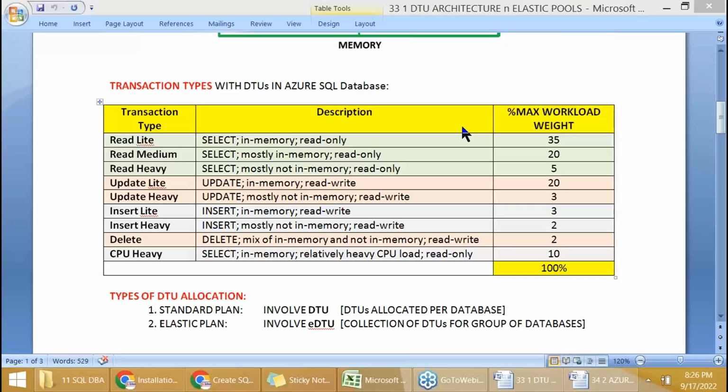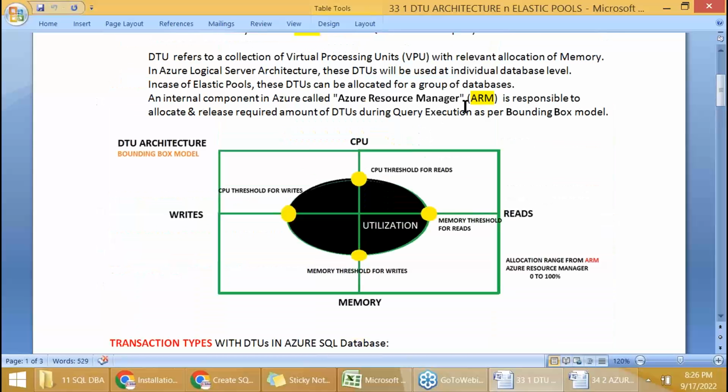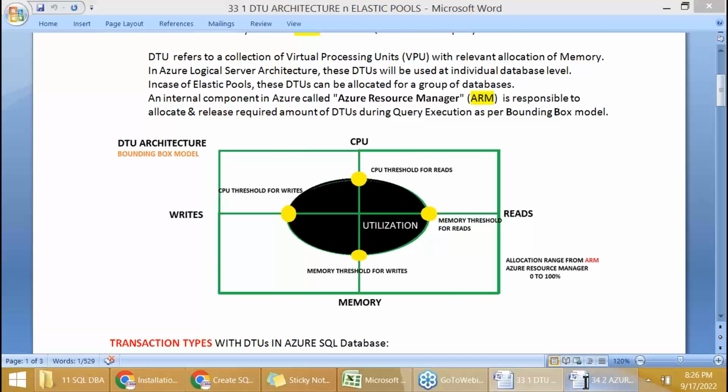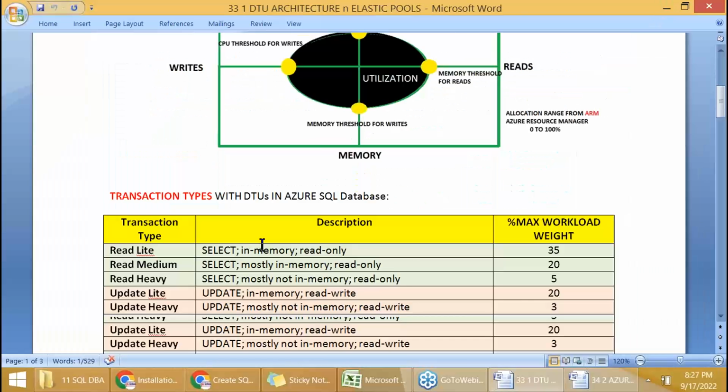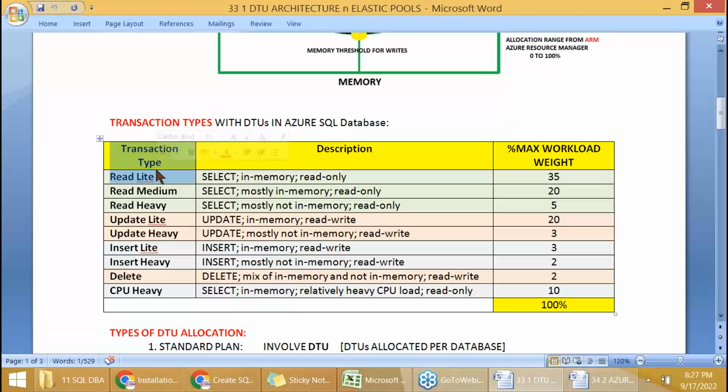Before we step into the solution in the next 1.5 to 2 minutes, let's understand on what basis this grading occurs. I said once again, the ARM component and the built-in intelligence component will together decide the type of transaction.